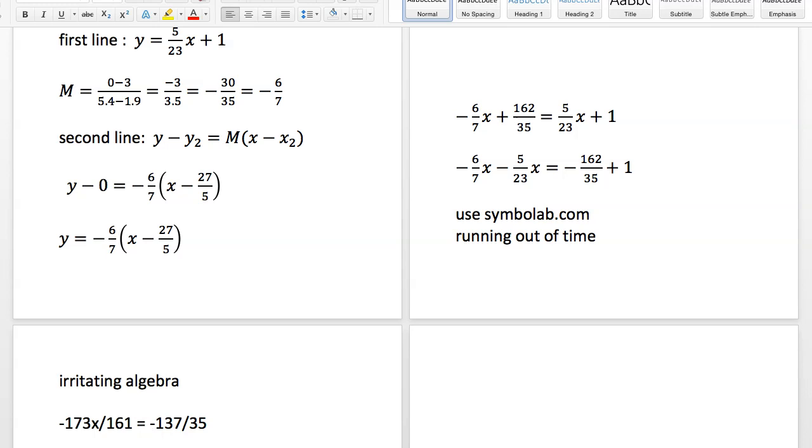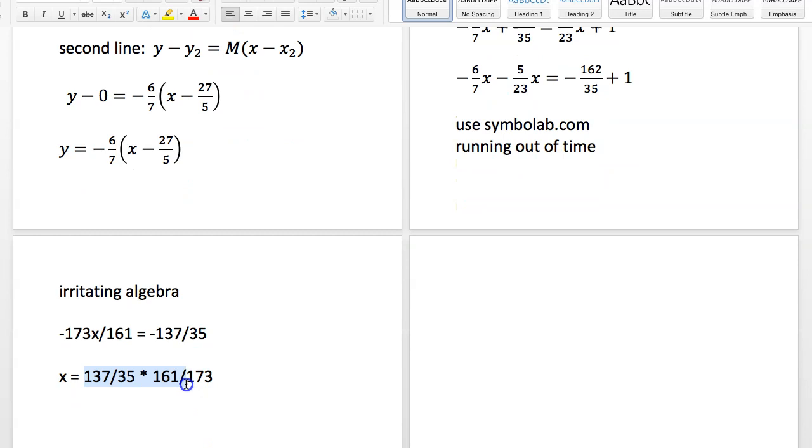I can tell you that 7 does go into 35, and 7 will go into 161. So I can tell you that there will be a little bit of action on the 7.